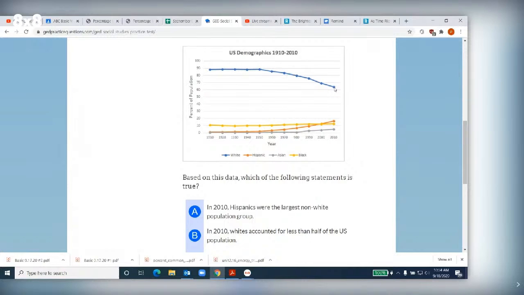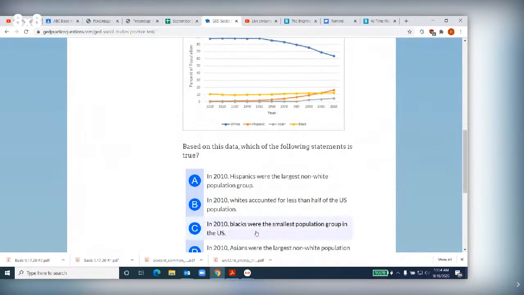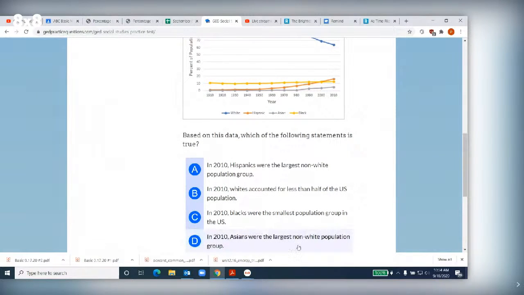Well, it's still above 60%, so we know B isn't right. In 2010, blacks were the smallest population group in the US. It looks like the Asians are, because the gray one is the lowest. And in 2010, Asians were the largest non-white population. That's not true. So we go back up to the first one: the Hispanics were the largest non-white population group in 2010.